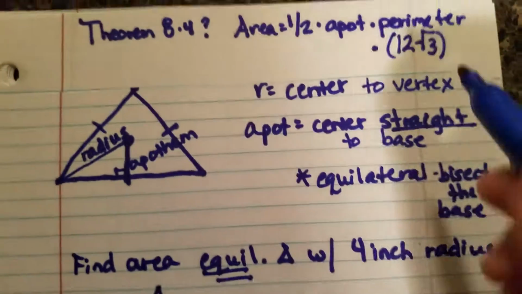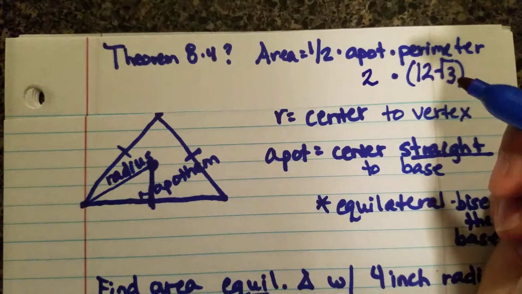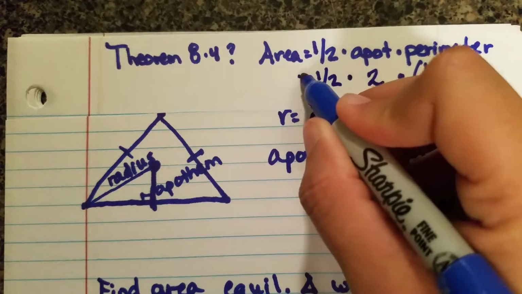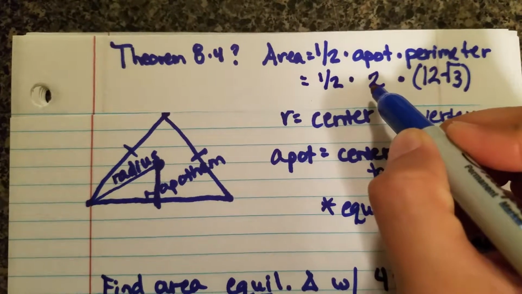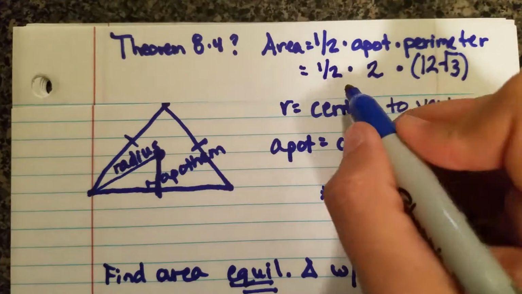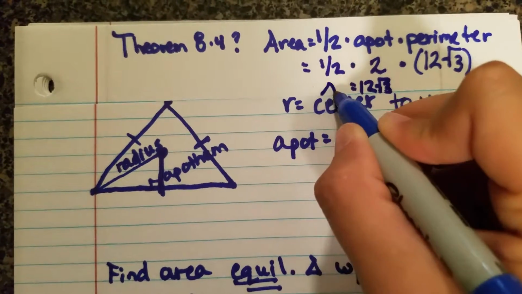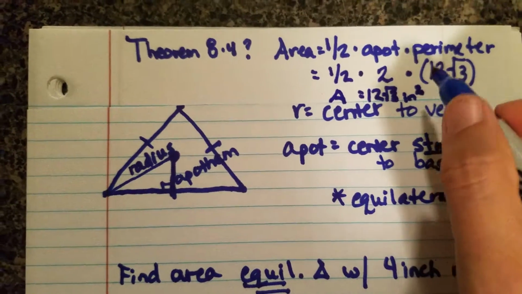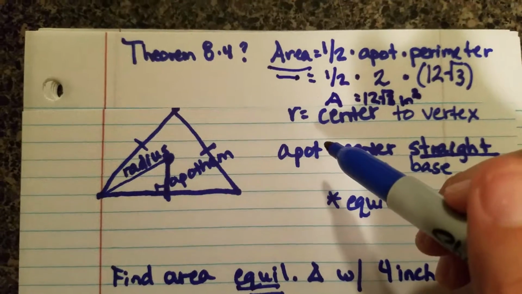So I can actually just come right back up in here, and 2 inches there times that half. That gives us our area. Okay, so we work this out. Half of 2 is 1, and 1 times 12 is 12, square root of 3. And again, that's still area, so inches squared. So just to make sure, we calculate the area of our triangle twice, 2 different ways.